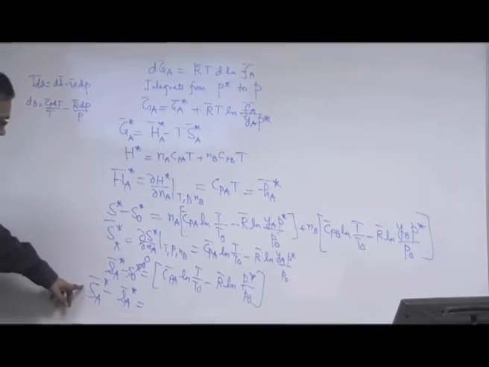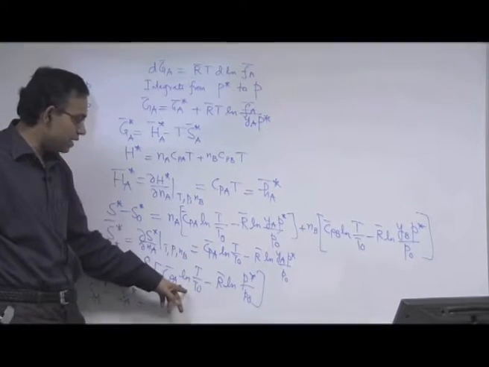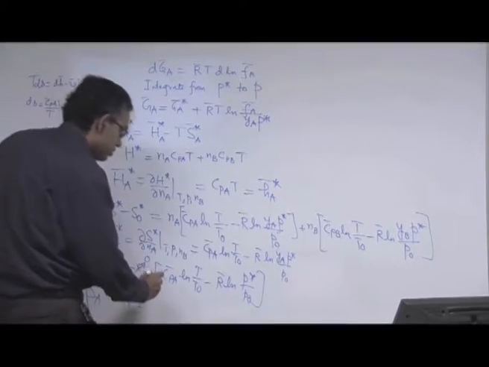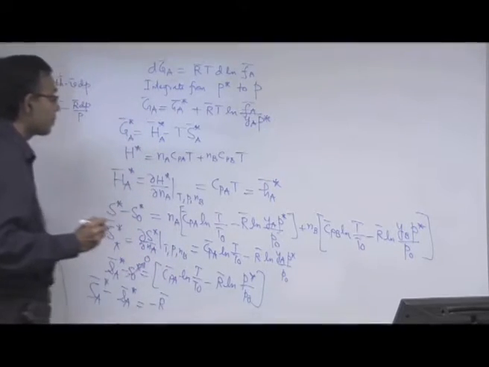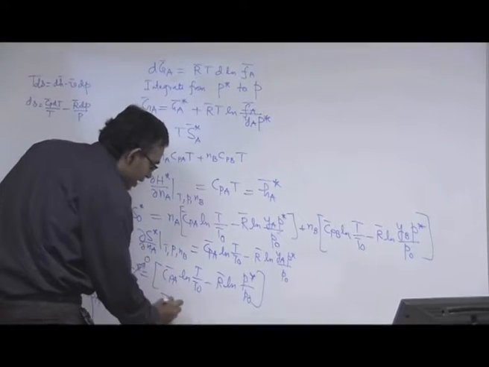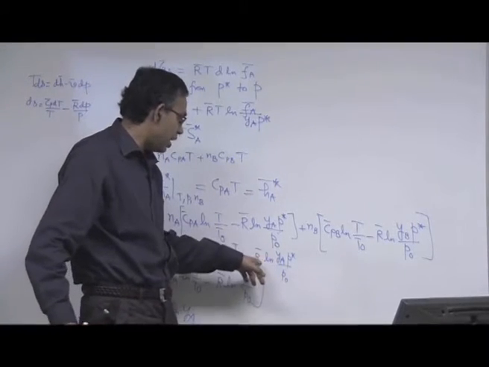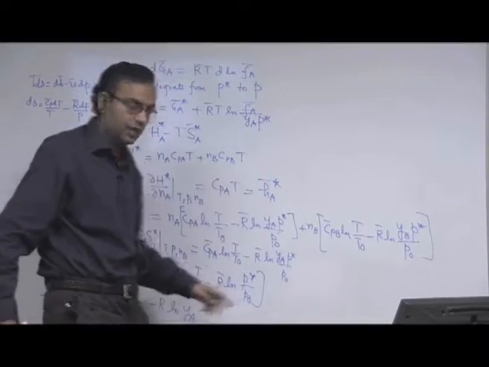So you have S star minus small s star, the Cp ln T by T0 term is gone, minus R ln Ya will be only remaining, because R ln P star by P0 gets cancelled.